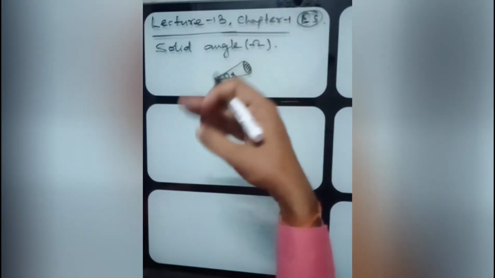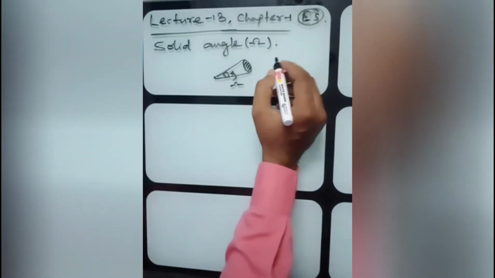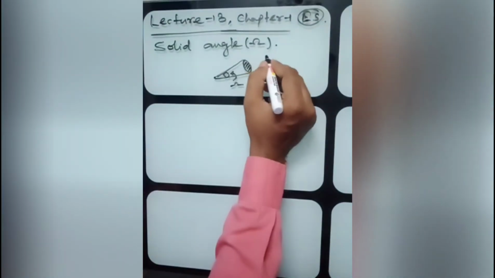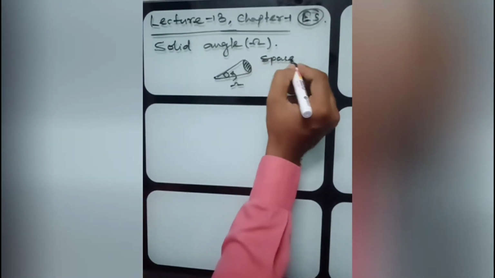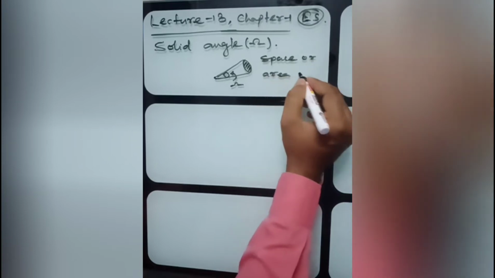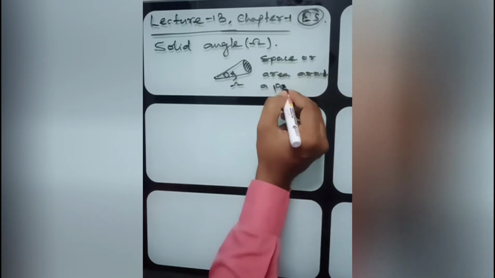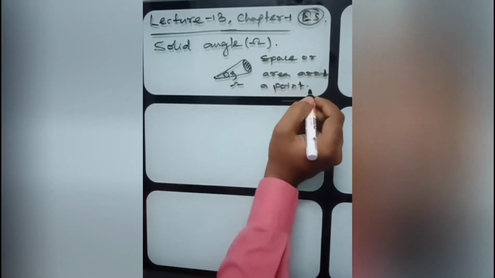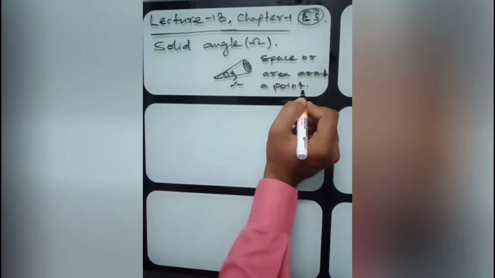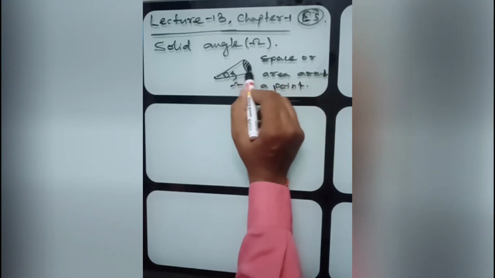Try to understand this by another example, students. But remember, this is nothing but the space or area around a point, which is enclosed by a specific surface.